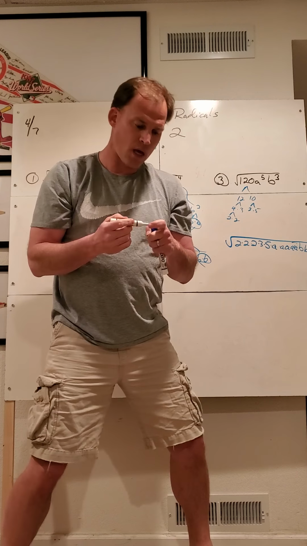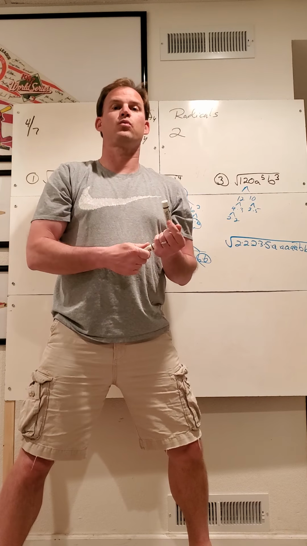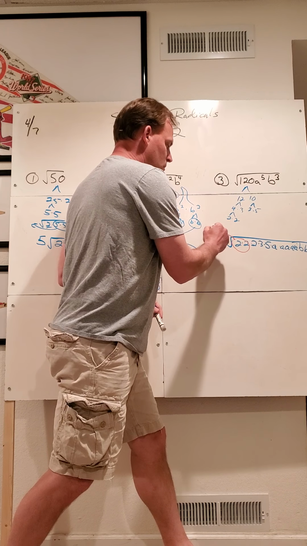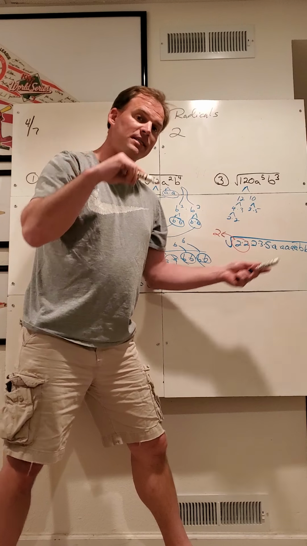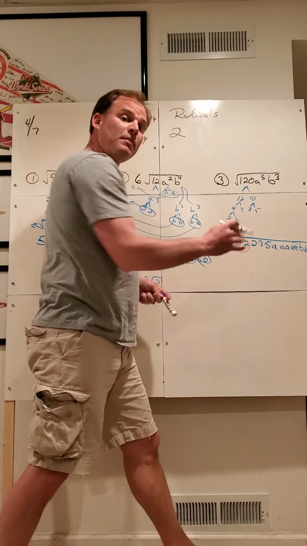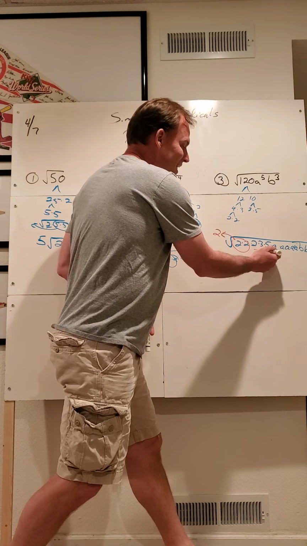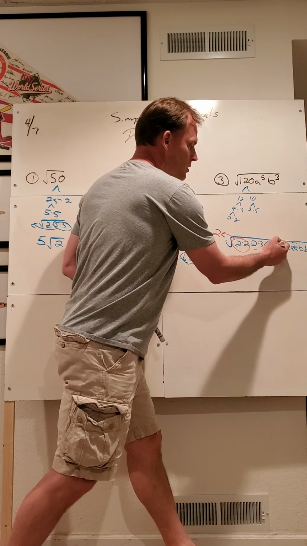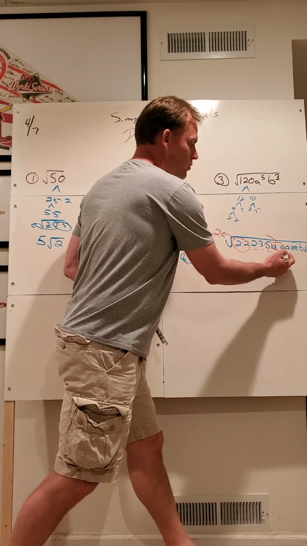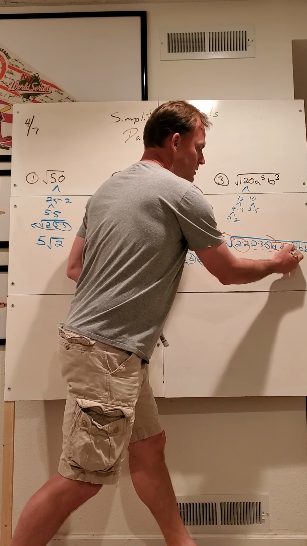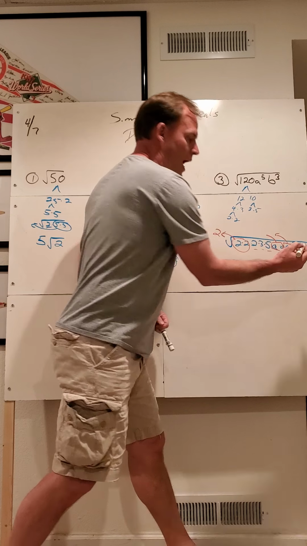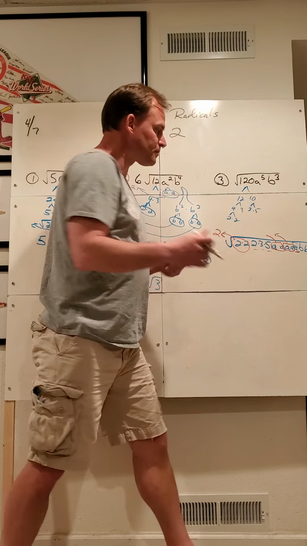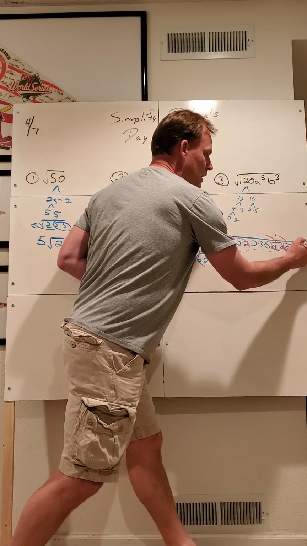So, again, going with the same rules we have for those whole numbers. Pairs of numbers get out. No pair, stay inside. This too, same, but not a pair. Inside, inside, inside. They stay inside. Pair of A's getting out. Here's another pair of A's getting out. But there's one A left inside. Pair of B's out.